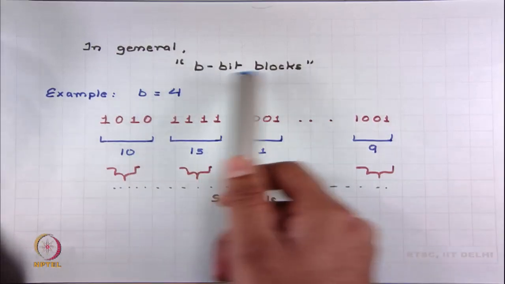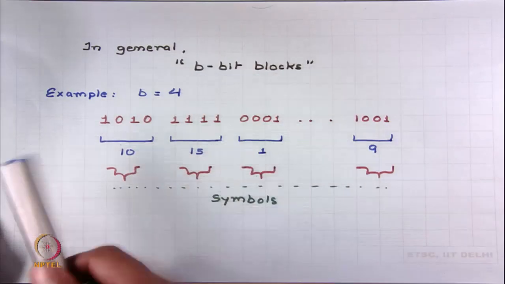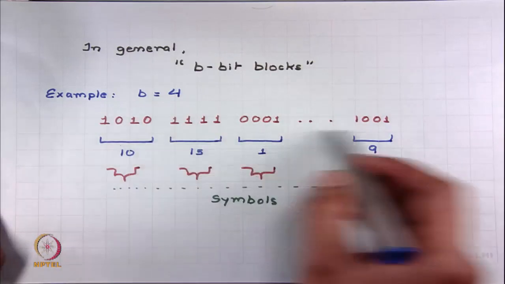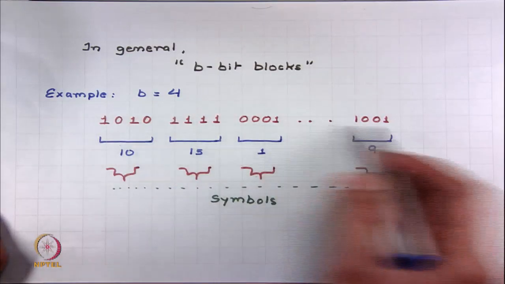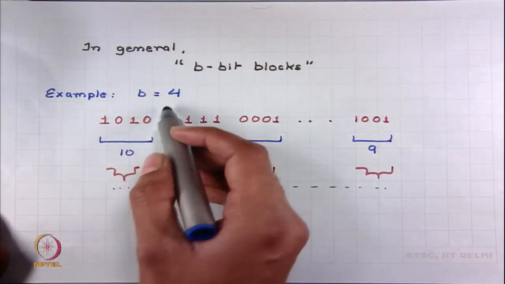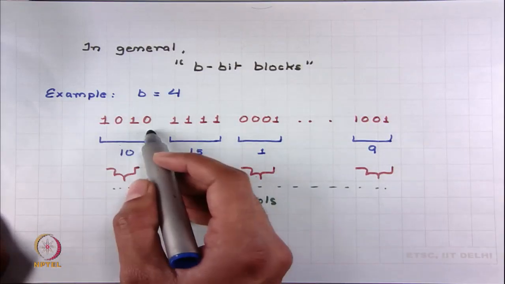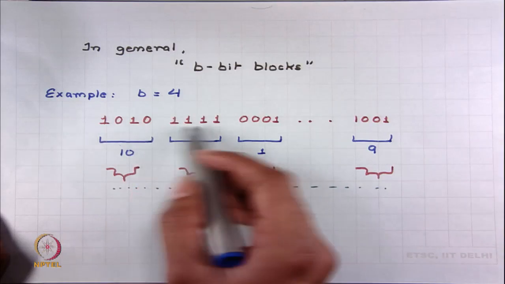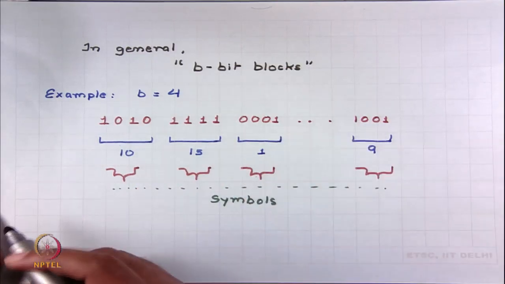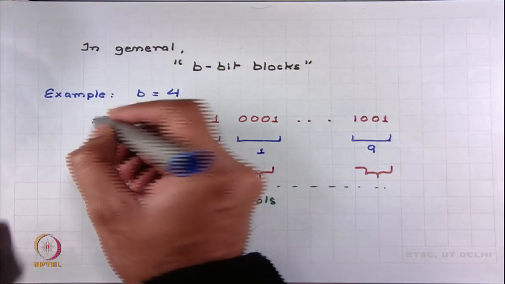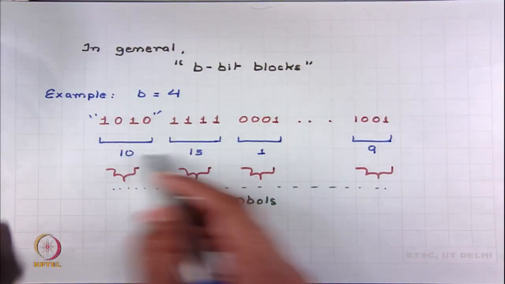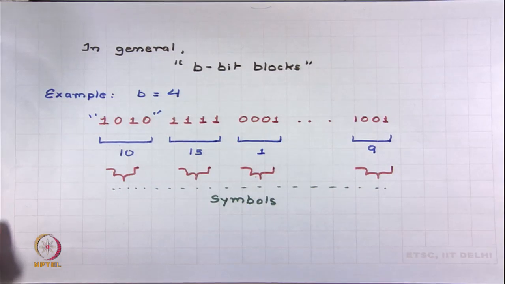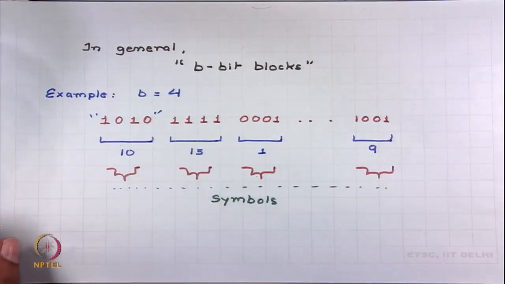We can consider blocks of B bits. For example, suppose this is the binary sequence that we have, and this binary sequence can be converted into blocks, and here we have considered blocks of 4 bits. Okay. So, this is one block, second block, third block and fourth block, and now these blocks of bits can be converted to a symbol. And what is a symbol? A symbol is nothing but a quantized real number. Okay.